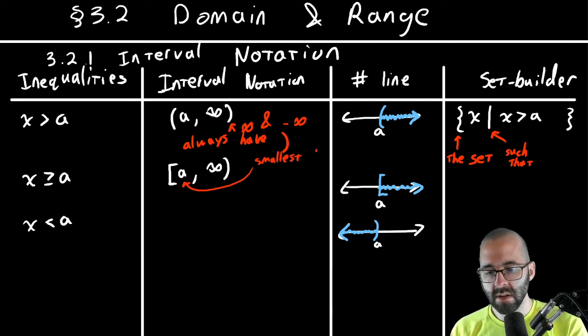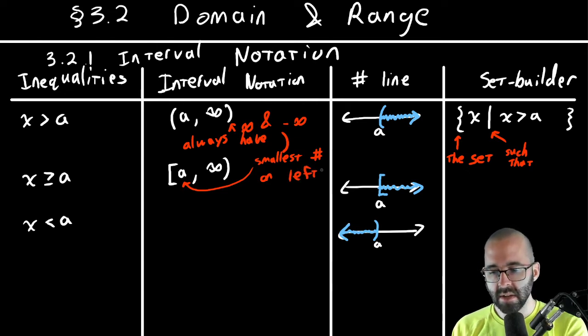So here, what's the smallest number? The smallest number is negative infinity. What's the biggest number? The biggest number is a. The biggest number is not included, so it gets a parenthesis. Negative infinity always gets a parenthesis, and so on.